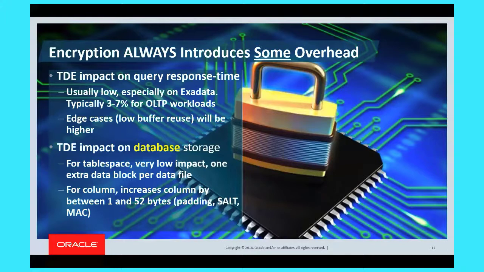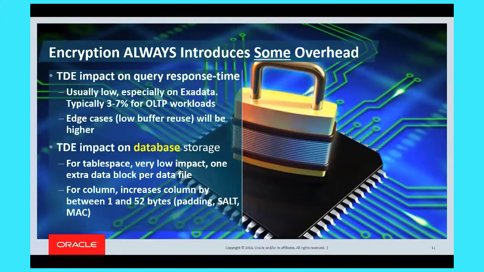If you have 17 bytes, we're going to add 15 bytes to that and make it 32 bytes. We always pad up to the next multiple of 16. Optionally, we will add a salt, and we will add a message check, a check to make sure it hasn't been tampered with. Those can increase the size of the padding up to 52 bytes.